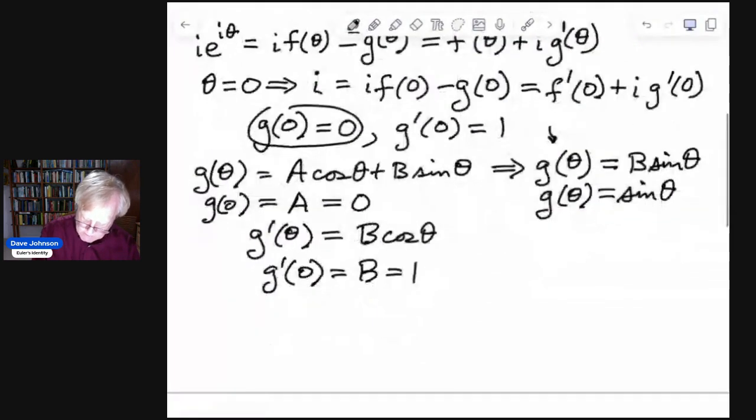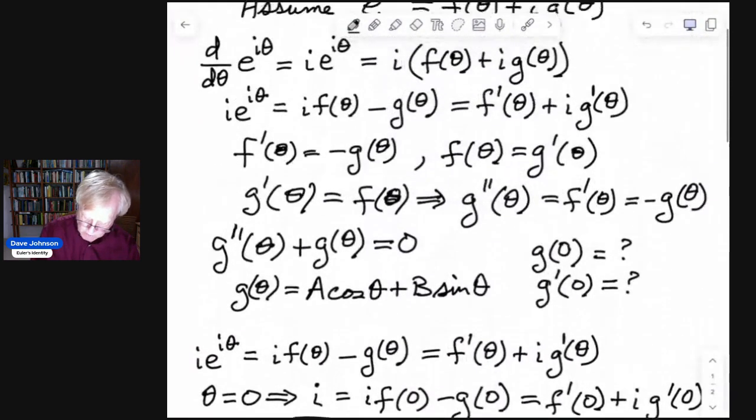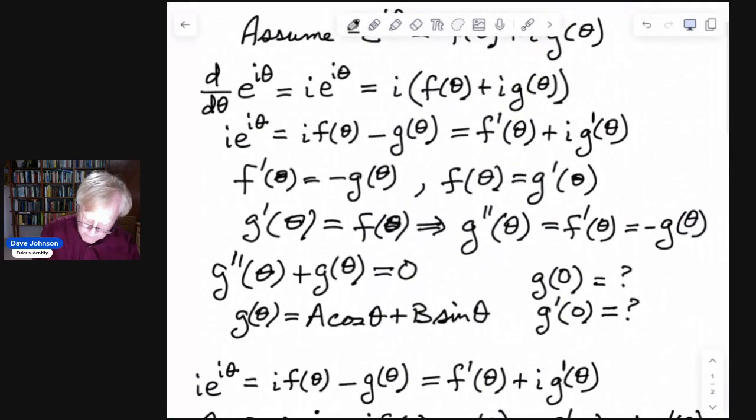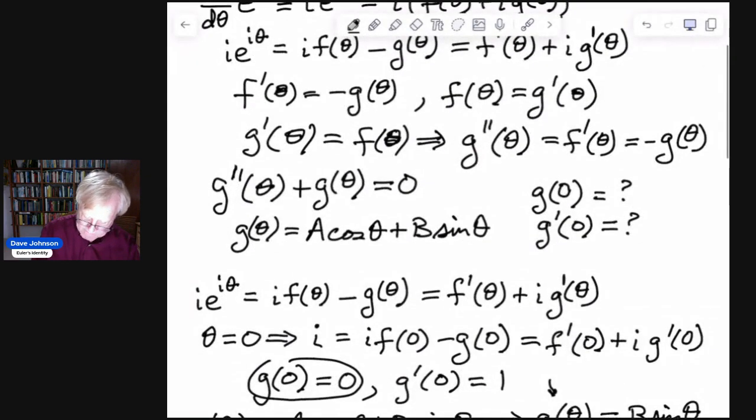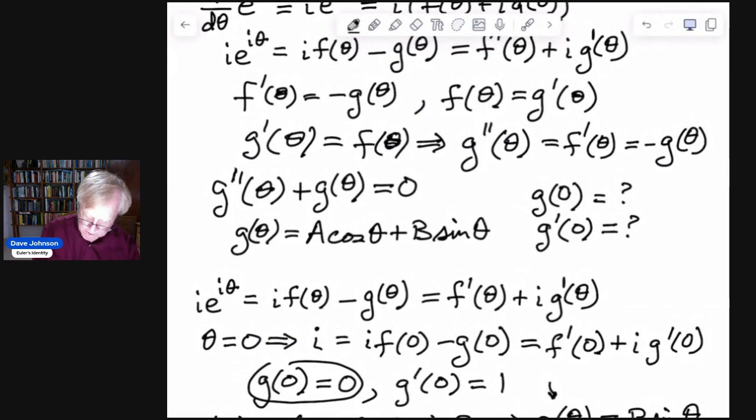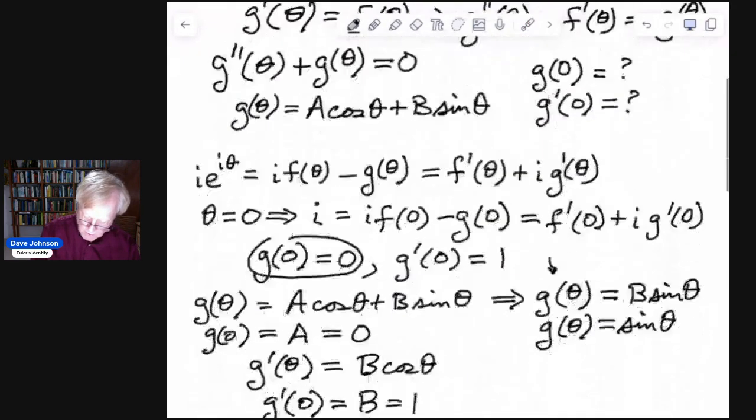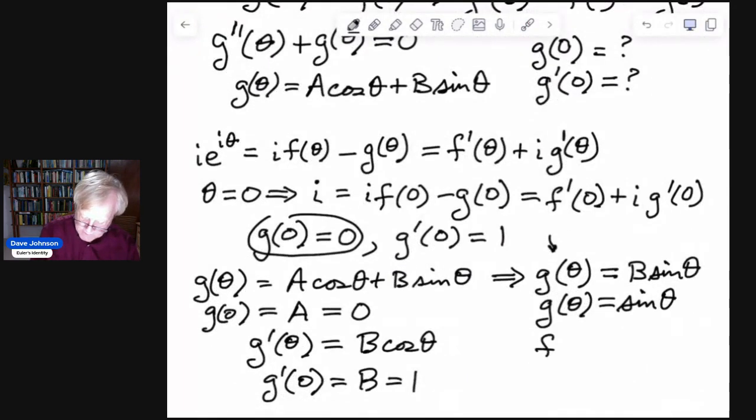And now go all the way back to the beginning here. Remember that f is g prime. So f of theta is equal to g prime of theta, but g prime of theta is cosine theta.